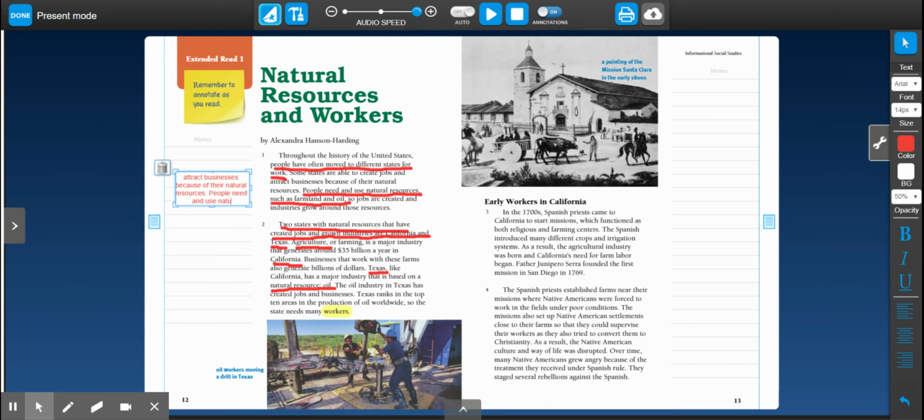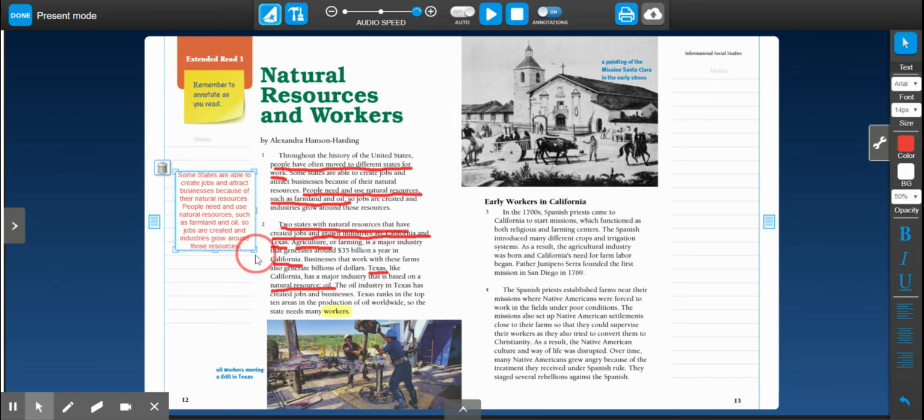People need and use natural resources such as farmland and oil, so jobs are created and industries grow around those resources. There we go. My first main idea is done.